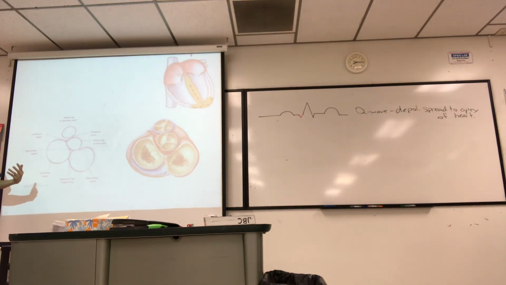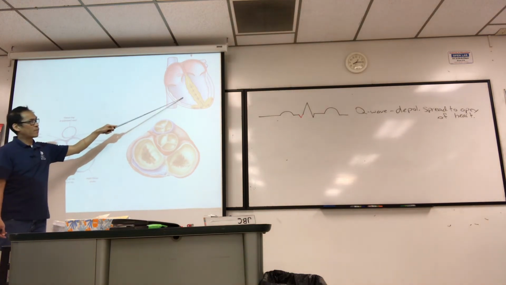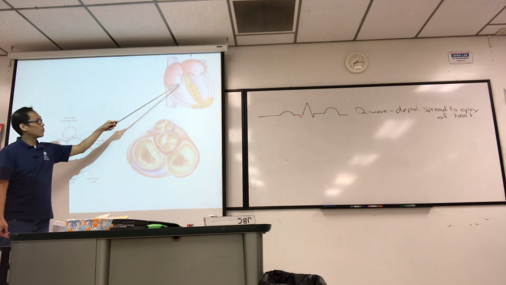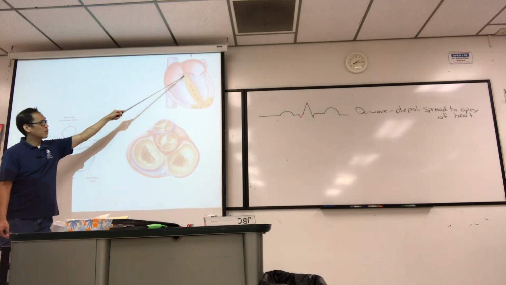It's kind of like a fibrous skeleton for the valves. It's made of connective tissue, and connective tissue doesn't spread signal well. So that's why the signal doesn't spread from up here to down there. It gets bottlenecked through that one little bundle of His.